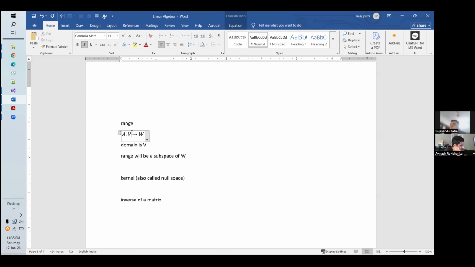So the objects are not numbers anymore. The objects are vectors. And with the matrix, you can think of arrows from the domain space to the range space. But if it's a line, like y equals x, is that a vector too?